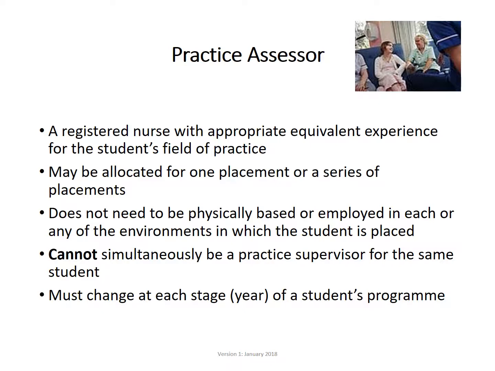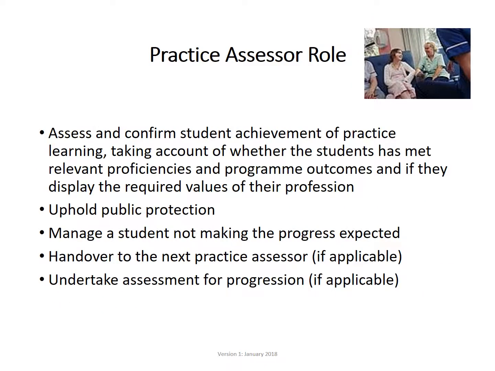And so that's the way that works. So their role is to assess and confirm their achievements. It's to manage a failing student, and there are assessments throughout that year that have to be undertaken by practice assessors, which I'm going to talk about in a moment.